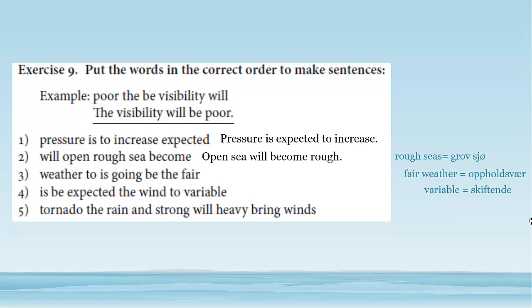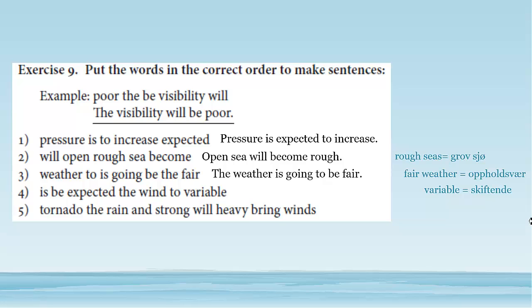Okay, let's look at the next one. Open sea will become rough, right? So we say calm seas and rough seas. Norwegian grov sjø. Okay, and the next one, the weather is going to be fair. We say fair weather. In Norwegian, it's so funny, they say oppholdsvær, which means the weather's just going to stop raining.